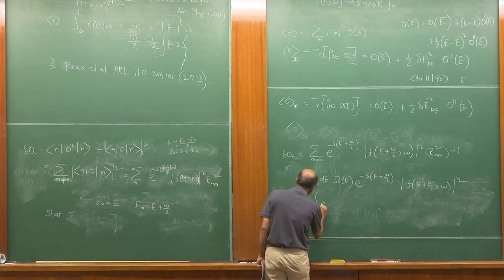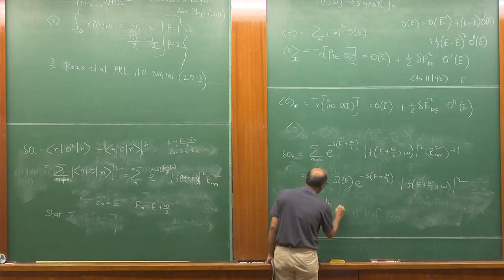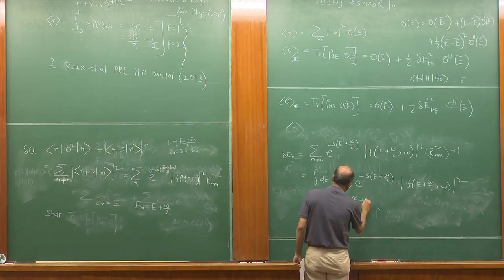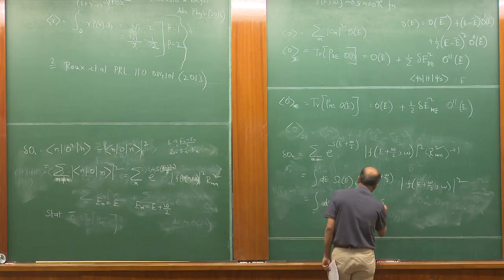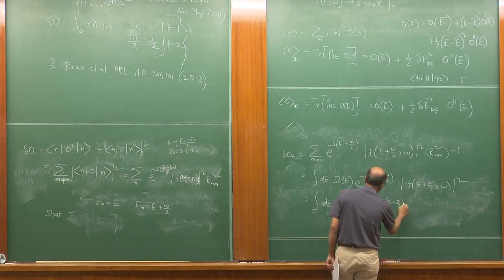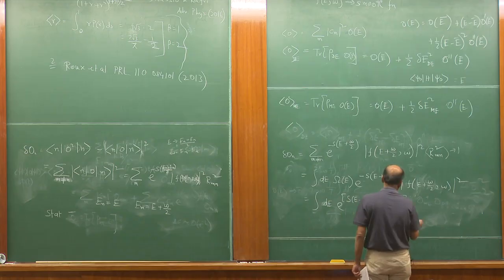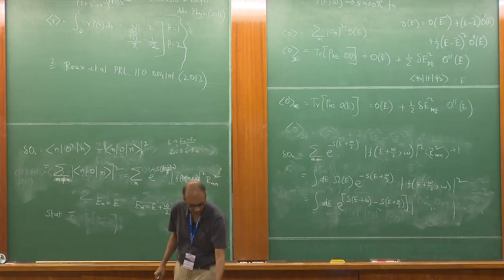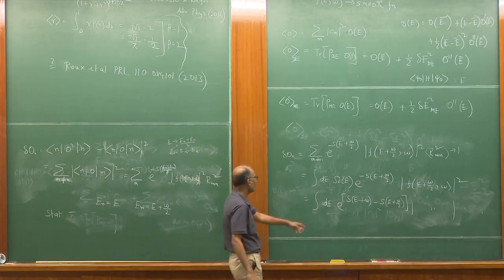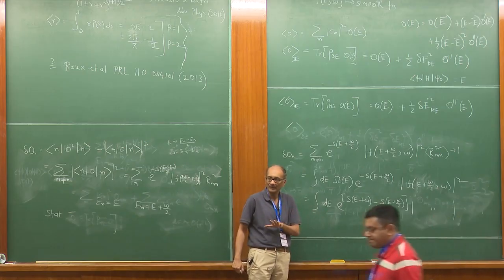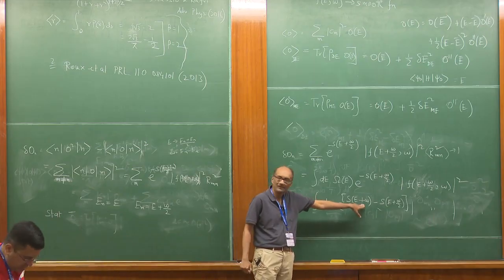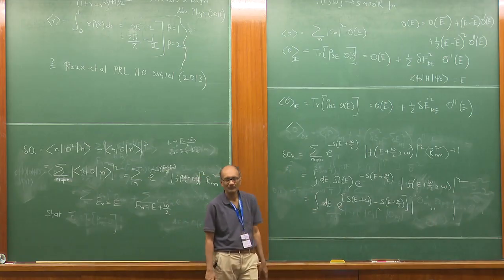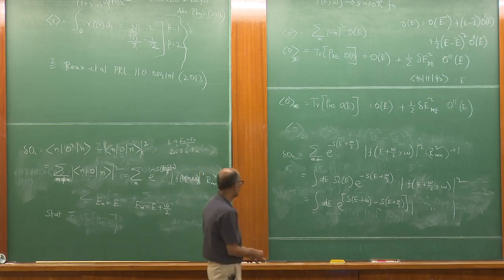So then I can write this as dE exponential of S of E plus omega minus S of E plus omega by 2, okay, and then this quantity. Because this was a sum over m and m was E plus omega, this will have this energy dependence as E plus omega.